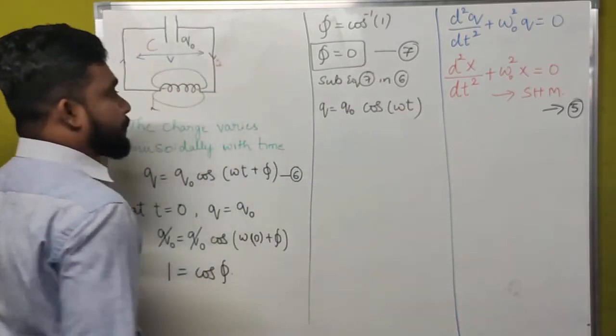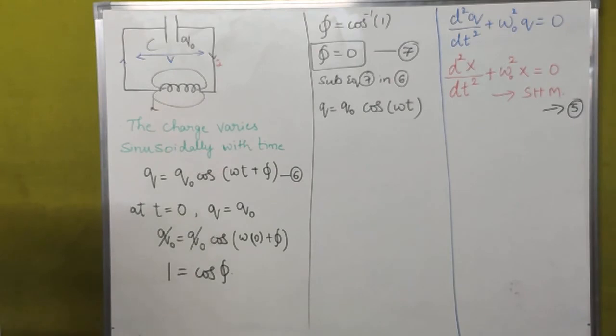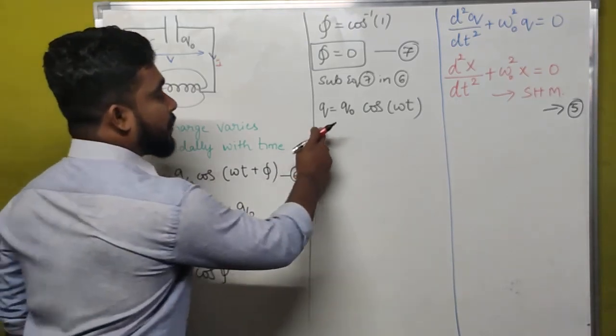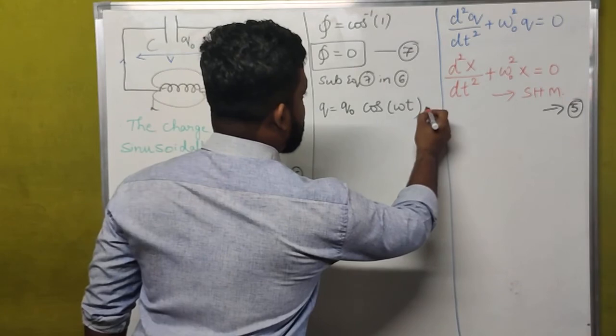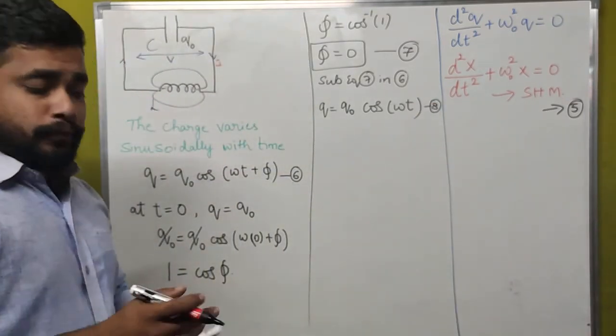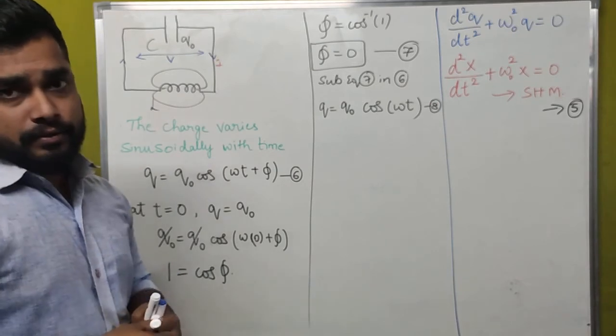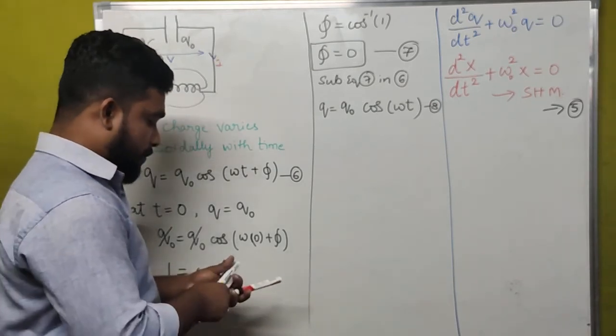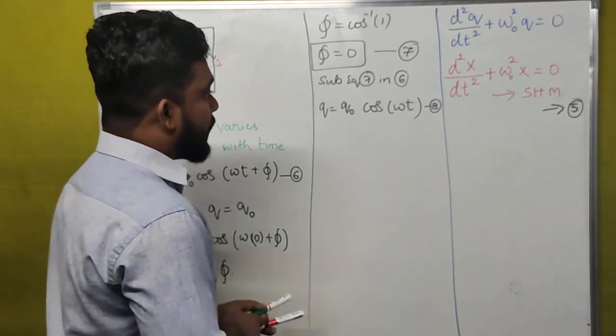Let us consider this as equation 8. But we know the expression for current, equation 1, so we substitute the value from equation 8 in equation 1.